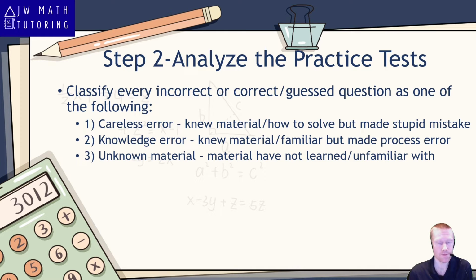So there could be some gray area between these first two categories, careless errors versus knowledge errors, but knowledge errors are basically where you're making an error on the problem because you're doing something that you think is right but is mathematically incorrect. Or maybe you get to some step in the problem where you don't know what to do next.